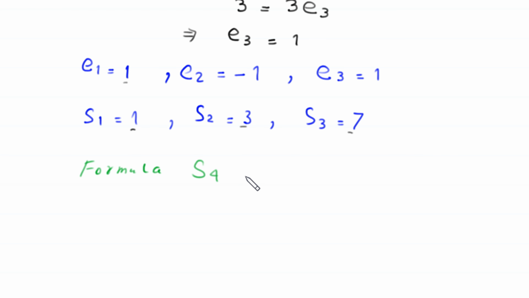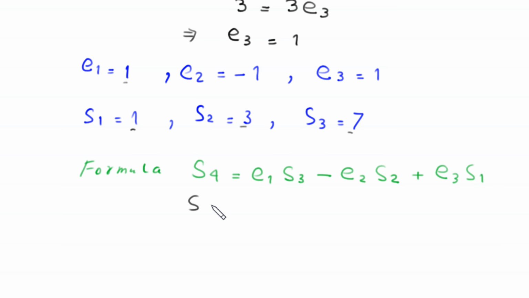S4 is equal to E1 times S3 minus E2 times S2 plus E3 times S1.